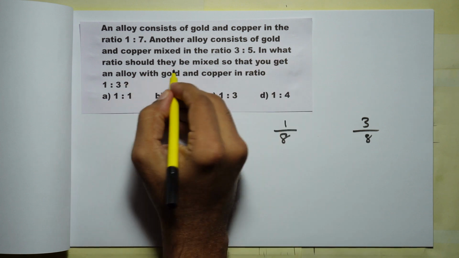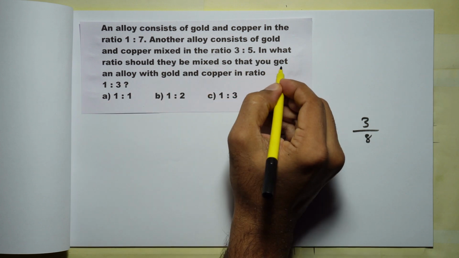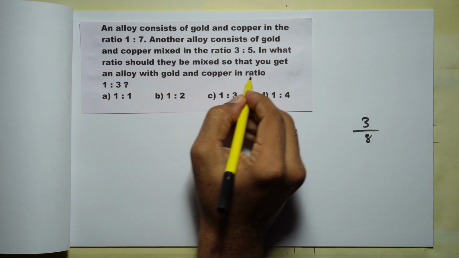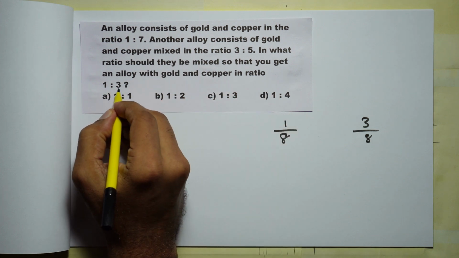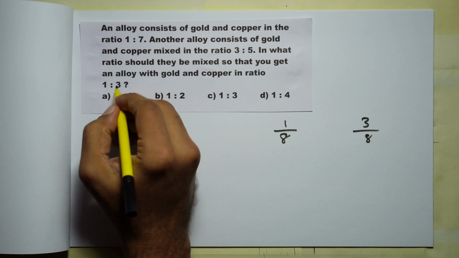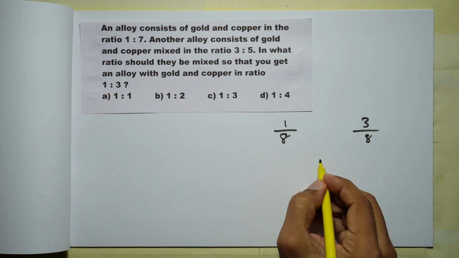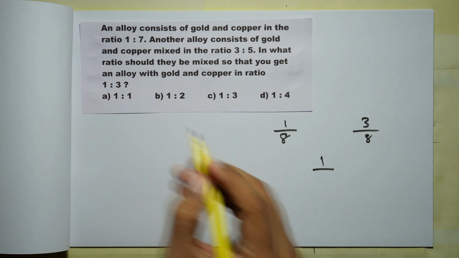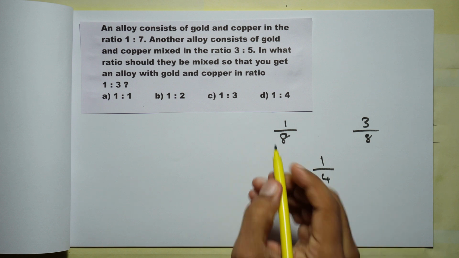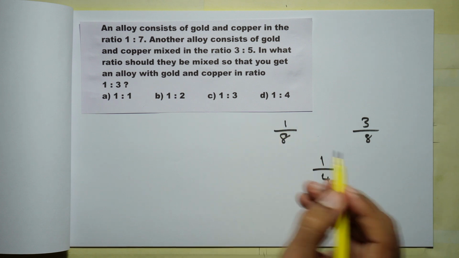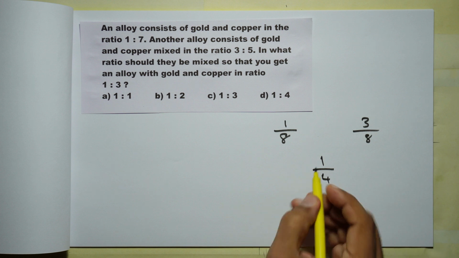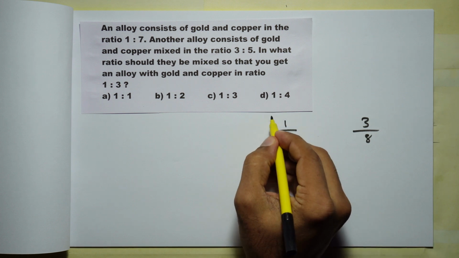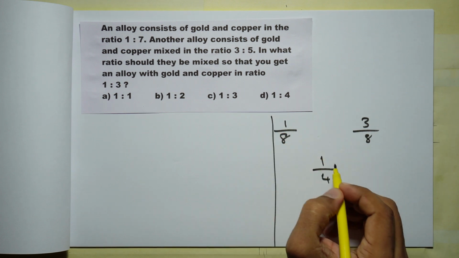In what ratio should they be mixed so that you get an alloy with gold and copper in the ratio 1:3? So in the mixture, the concentration of gold will be 1 out of a total of 1 plus 3, 4. So this is the lower concentration, this is the higher concentration, and this will be the mean concentration. So in what ratio should they be mixed?